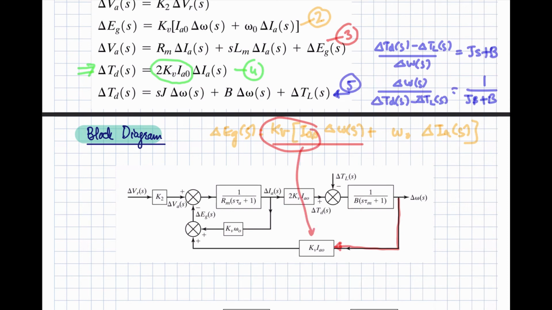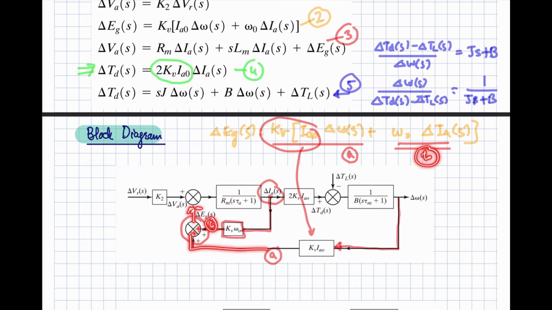So over here you will get, let me call it part A, and then with that we are going to add this term, that is KV into omega naught into delta IS. So delta IS is over here, so passing it through the gain KV into omega naught and then adding it with the term A that is coming from here. So let me call it term B. So term B is coming from here, added together.